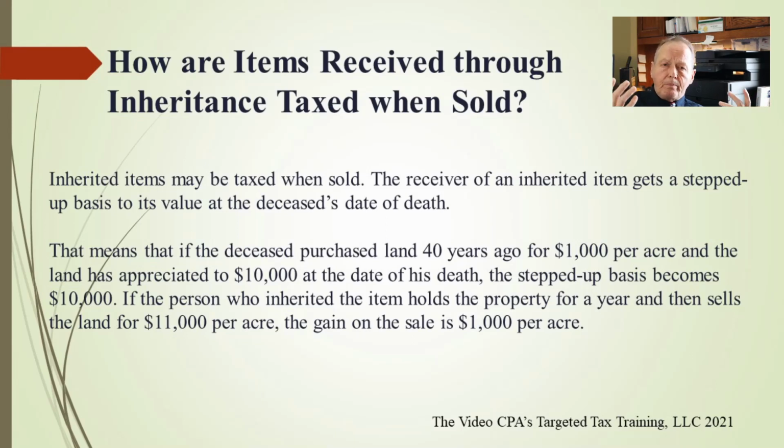So it's much better to receive, for the beneficiary anyway, these items of property through an estate, through inheritance, than it is through gift, because your taxes are much lower on it if you turn around and sell something.